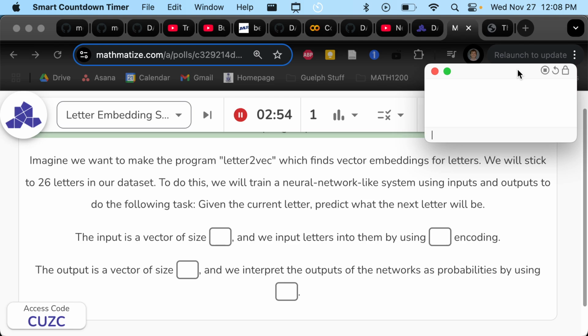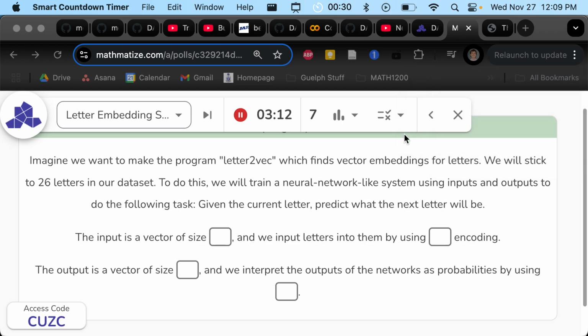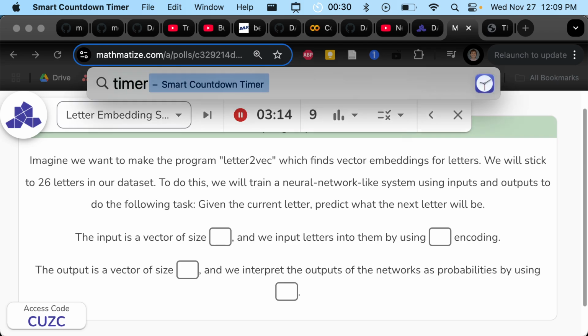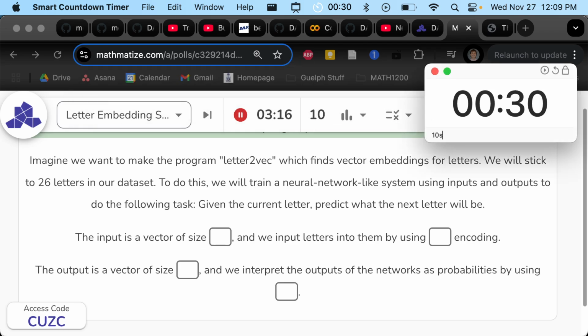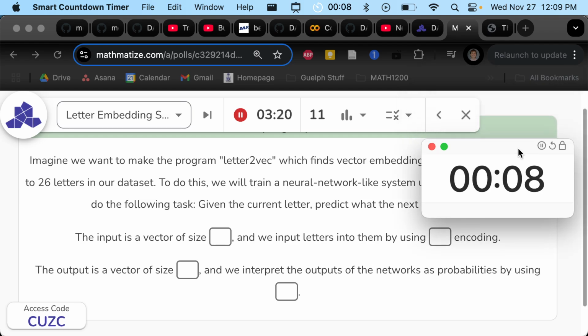Okay, time's up. Put in your final guesses. I know we only have one answer. Put in whatever you think, and we'll see what people said. Okay, 10 more seconds, and then I'm going to stop the madness.